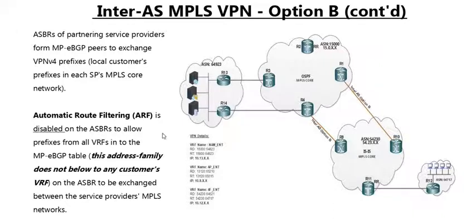Now back to what I was saying, the automatic route filtering feature is the feature that allows the ASBR to automatically filter away any prefix that is coming from any VRF from entering into a particular VRF. For instance, if you have a prefix that is coming from VRF-A, and let's put VRF-B, for instance.